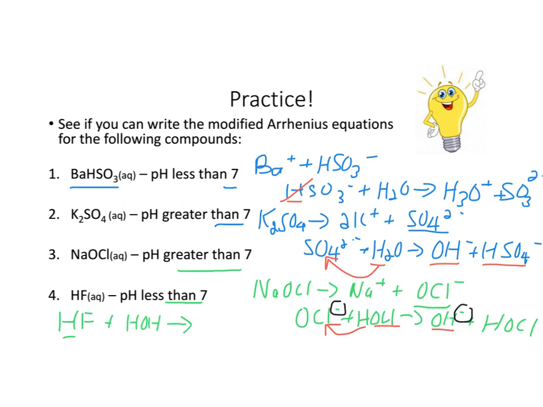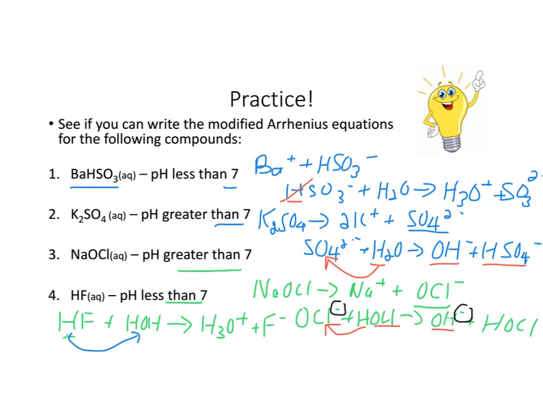To react with the water, we're going to need to make hydronium, H3O+, and what's left over after you transfer the hydrogen from hydrofluoric acid to water is our fluoride. Only our F- remains. Once again, we notice that the charge is balanced.